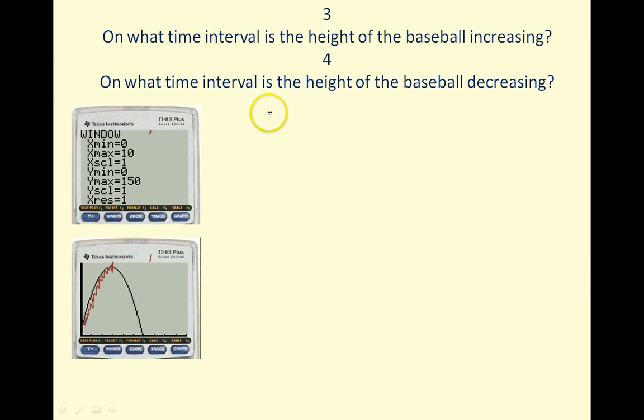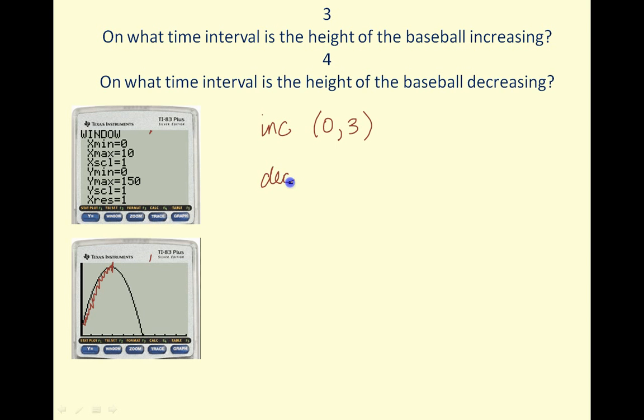All right, so I would say that this is increasing from 0 until about 3. Now, I often do not include these endpoints of the increasing and decreasing. In calculus, we don't when we are talking about intervals of increasing, decreasing. But I wouldn't pick at you either if you included them.